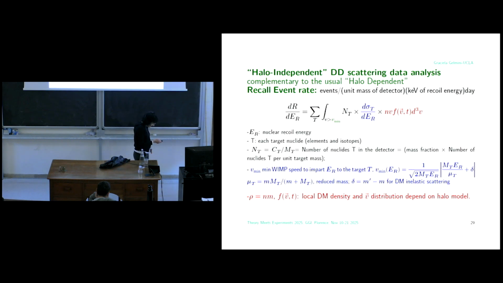So, I will mention only briefly what it is. Let us start again by recalling what the event rate is. The event rate, we said, depends on the halo in this way. This is the number density, the density divided by the mass. You see the flux, this is v.